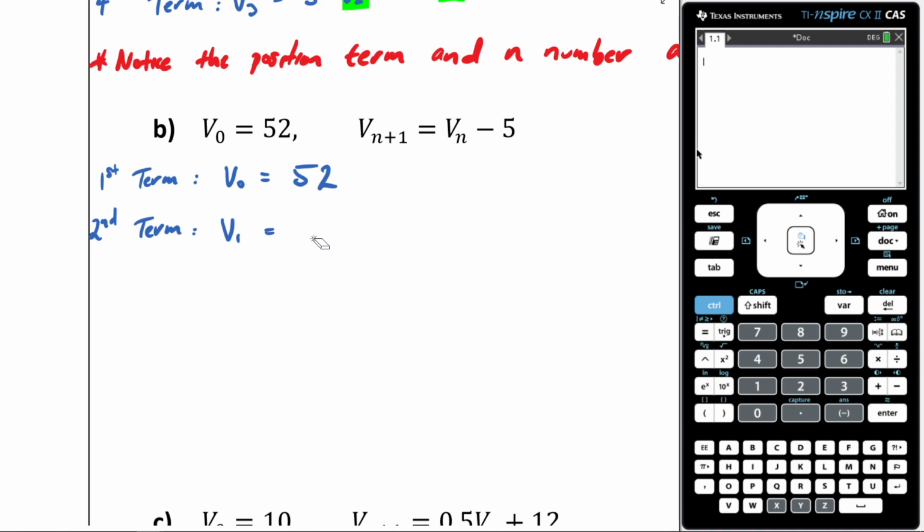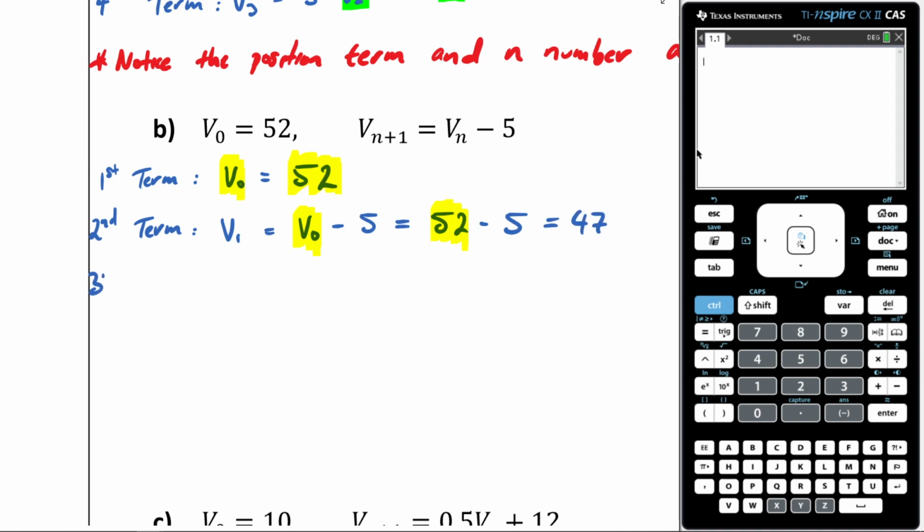Actually, before I write it like that, can I go v of 0 minus 5, which is the same as 52 minus 5? I just want to be very explicit as I'm doing it. So as you can see here, I've said v of 0 is 52, and therefore, 52 minus 5 is going to be 47.